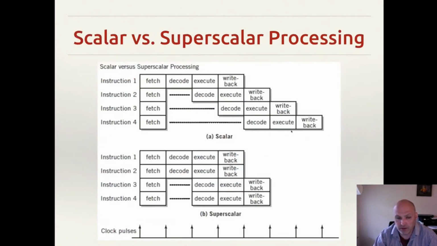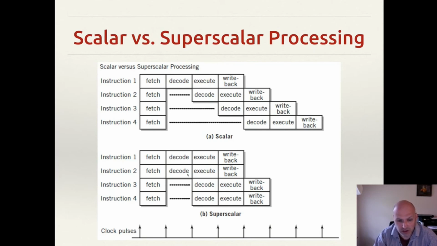Now, a superscalar processor is one that has multiple decode and multiple execution and write back features in its hardware. So in this simple example here, we're just going to assume that the hardware can work on 2 instructions at one time. So we still get all 4 instructions here with 1 fetch, just like we did before.